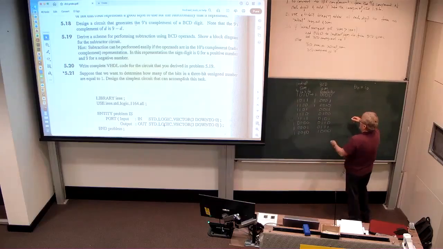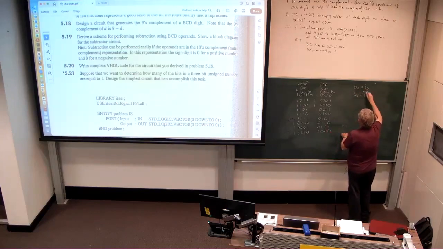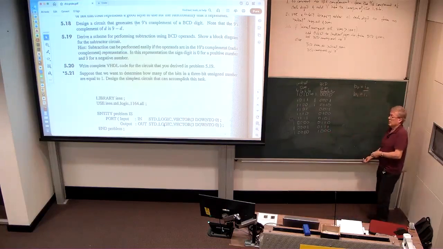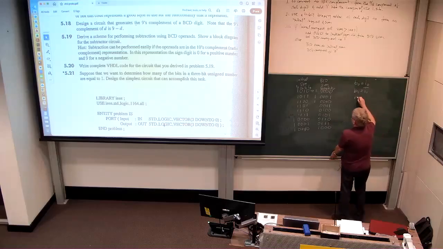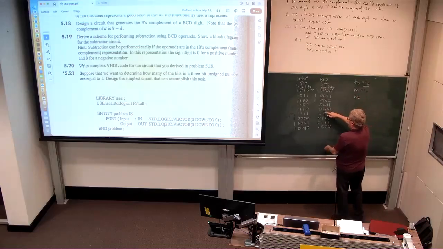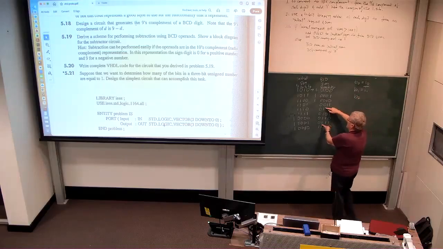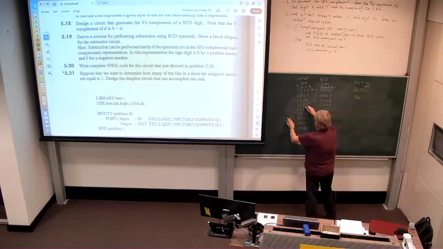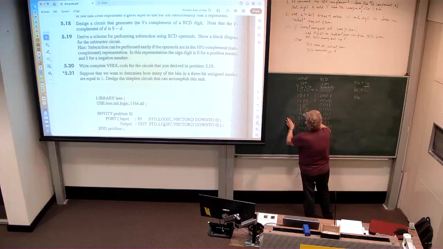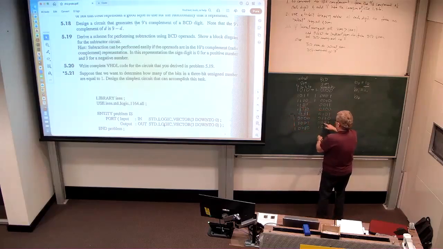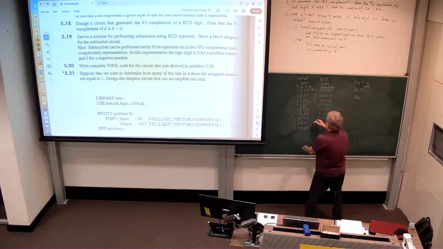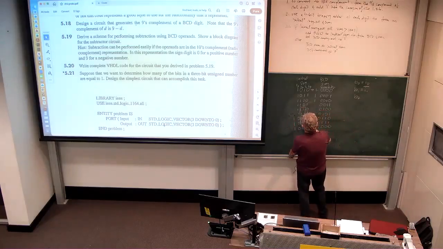What about B1? B1 looks like it's the complement of I1. Is that right? What about B2? So that's 1 here. So that's 1 when we have those two, and 1 when we have these two.